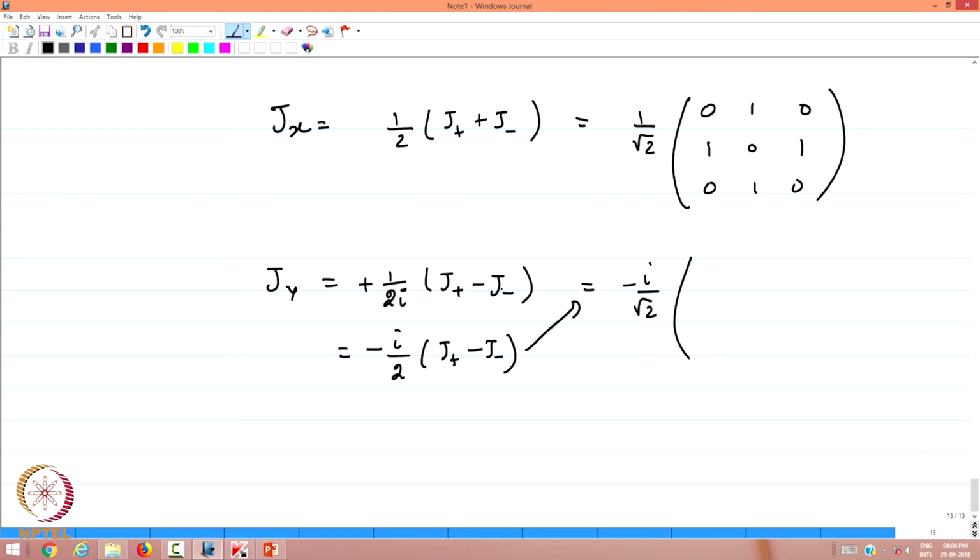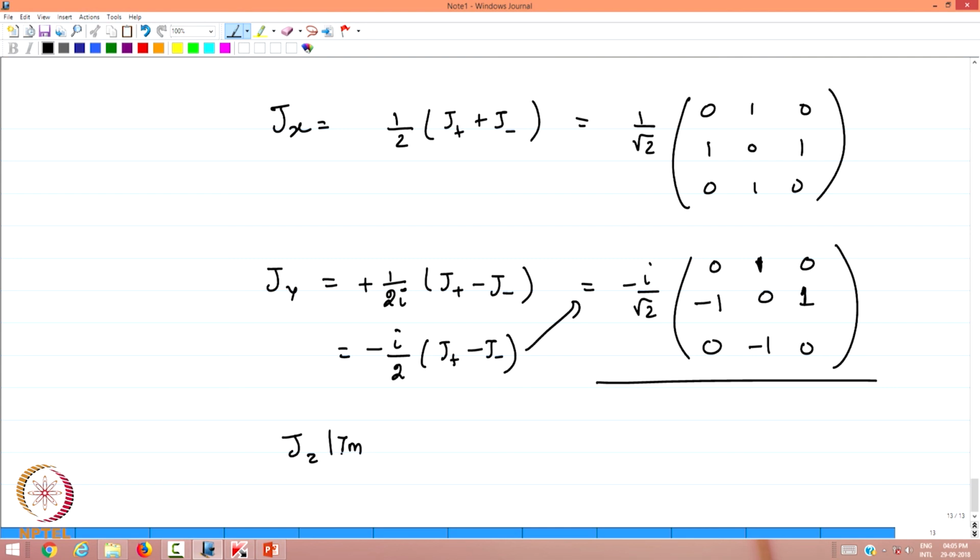Since the operator J minus comes with a negative sign, you have to be careful. This is the operator for J plus, and the operator for J minus comes with a minus sign. Therefore, this is the operator for J minus, and the sum of the two gives you that with the minus i by root 2. This is the J y.